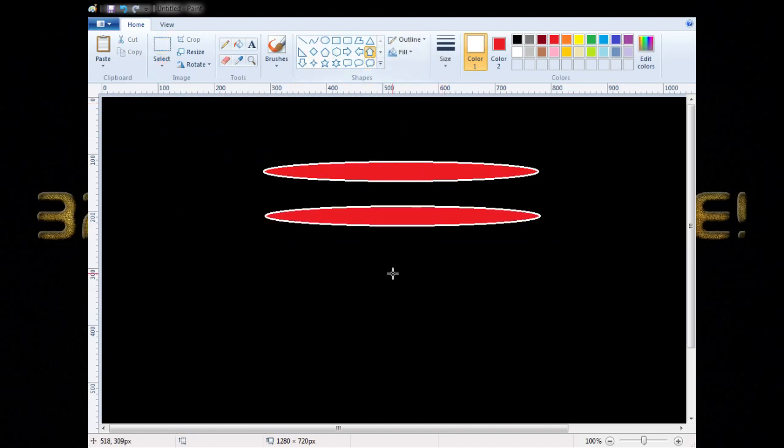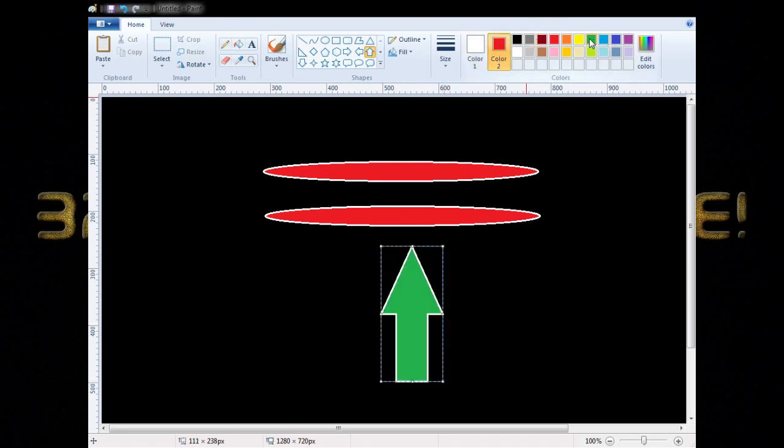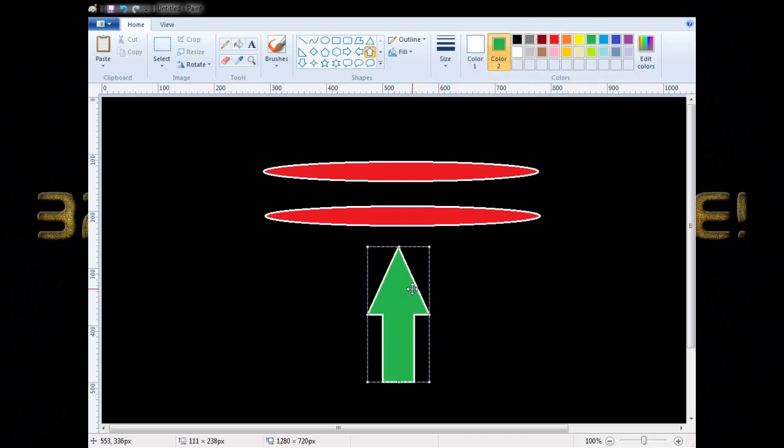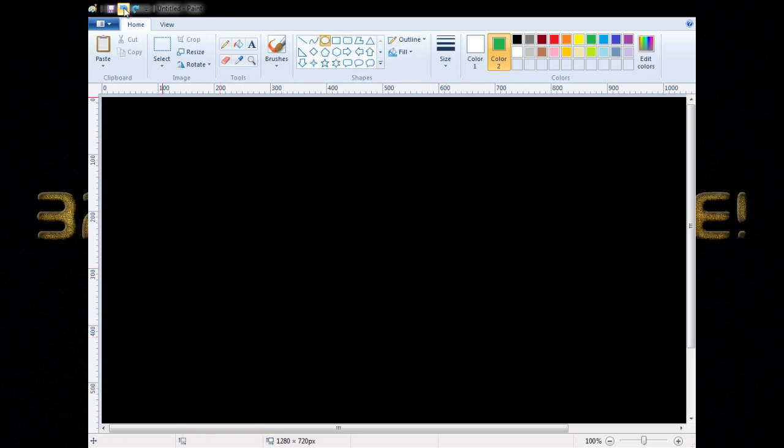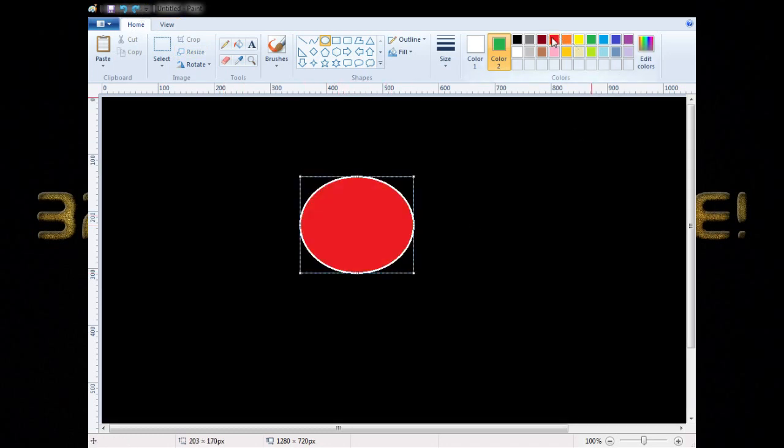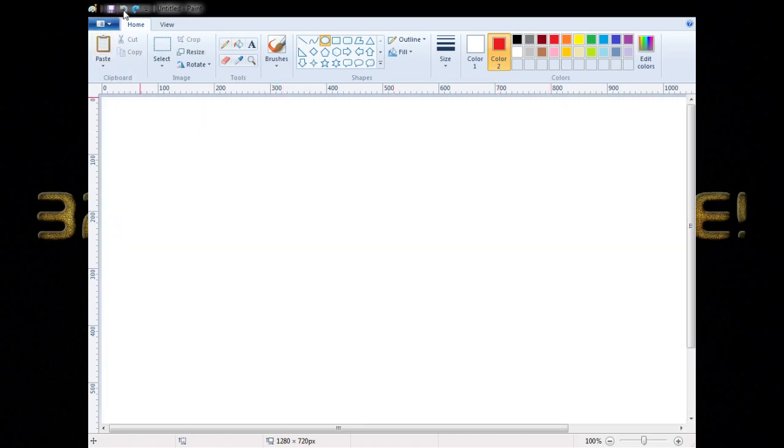Okay. If you're standing down here, all right, and you're looking up at these frisbees, you would only see something that looks like this. Okay? All right? So, let's do that again.